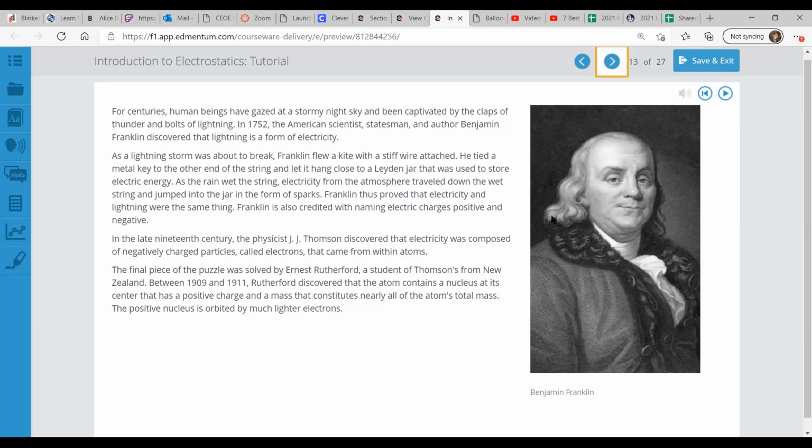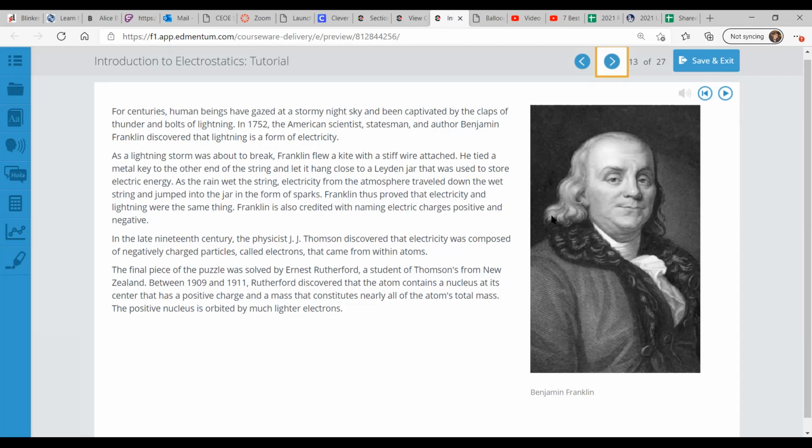As a lightning storm was about to break, Franklin flew a kite with a stiff wire attached. He tied a metal key to the other end of the string and let it hang close to a Leyden jar that was used to store electric energy.